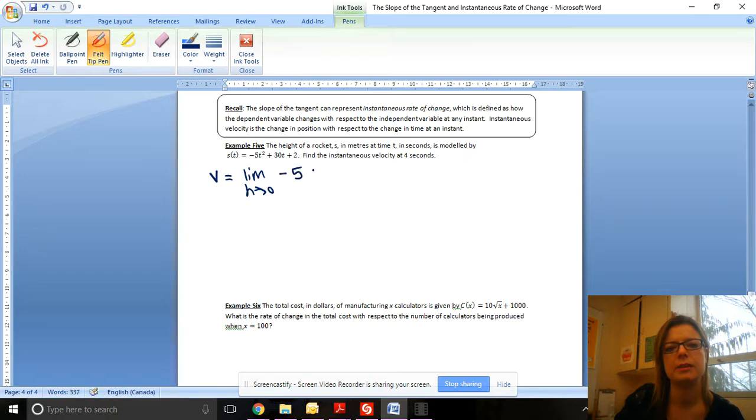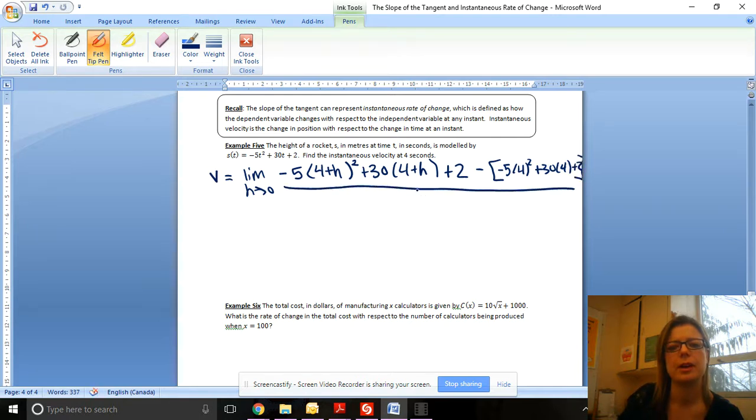So minus 5 bracket 4 plus h squared plus 30 bracket 4 plus h plus 2, minus, okay, minus 5 times 4 squared plus 30 times 4 plus 2. So you actually have to go find that, and divide it all by h.